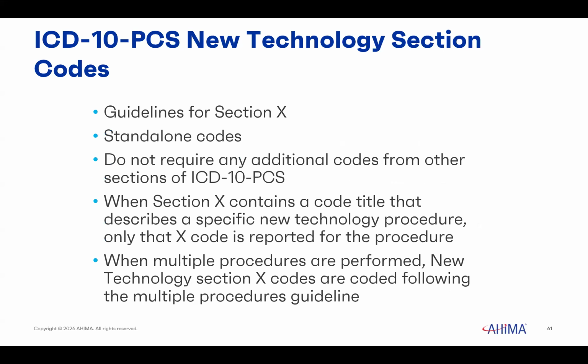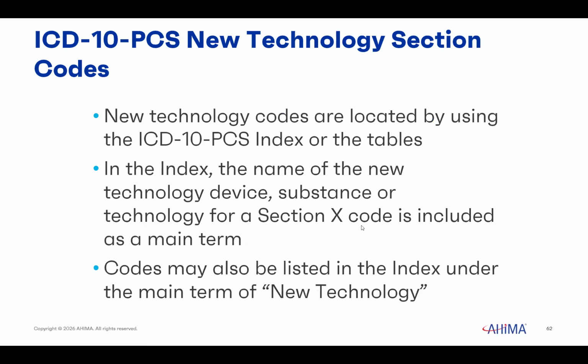And guidelines for Section X, these are standalone codes. In other words, they do not require any additional codes from any other section of ICD-10 PCS. When Section X contains a code title that describes a specific new technology procedure, only that X code is reported for the procedure. When multiple procedures are coded or performed, new technology Section X codes are coded following the multiple procedures guideline.